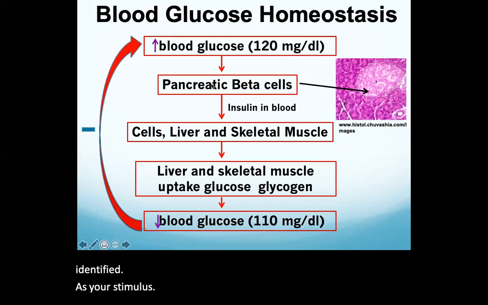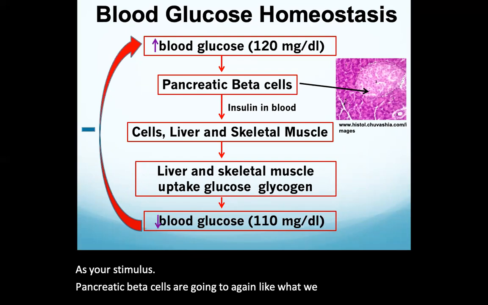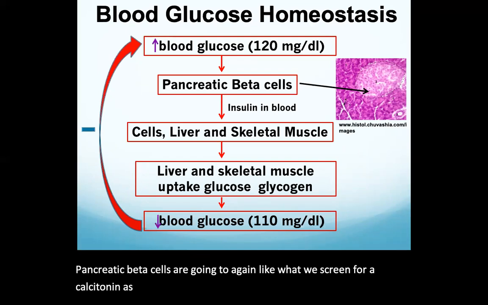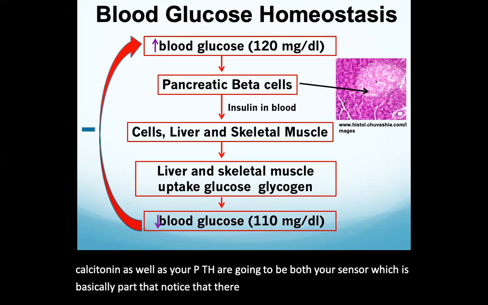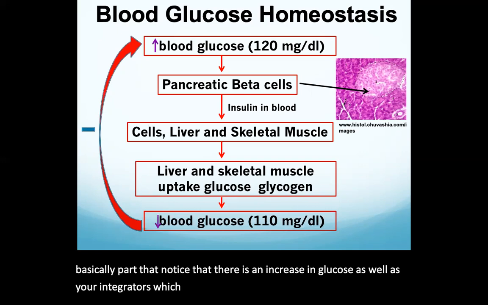Pancreatic beta cells are going to, again, like what we've seen for calcitonin as well as your PTH, be both your sensor, which is basically the part that notices there is an increase in glucose, as well as your integrator, which is basically going to release your output.